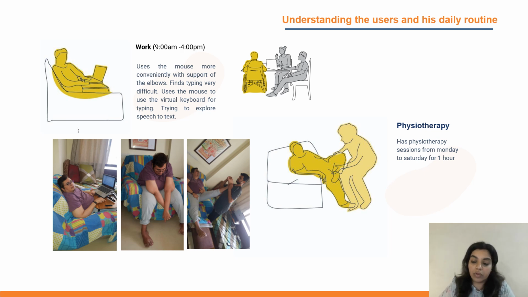So he would require slightly more support on his elbow and his hands as well. And every day, he would also have his physiotherapy session, but he did not have enough space, and his transfer was quite difficult for him to constantly move from his bedroom to any other space to do his physiotherapy activity.